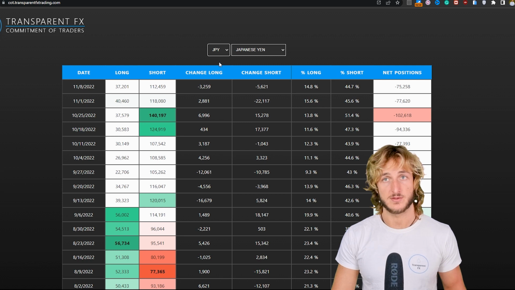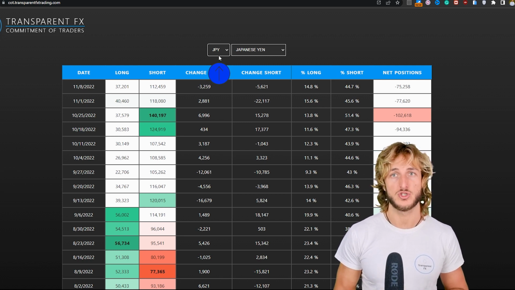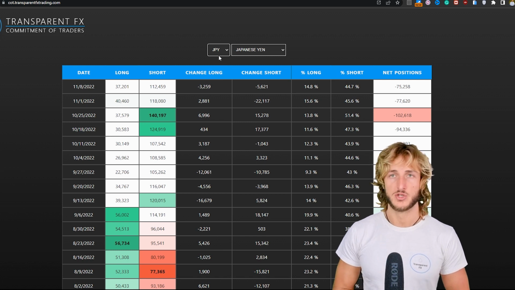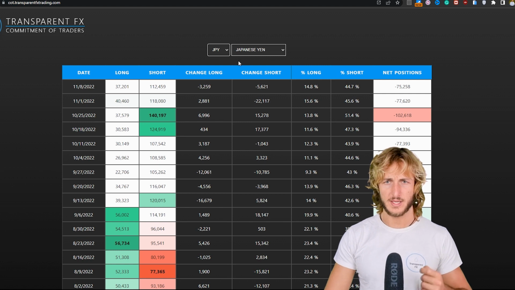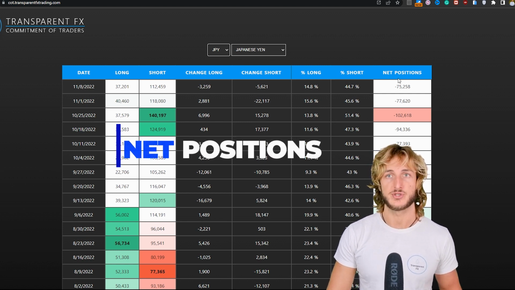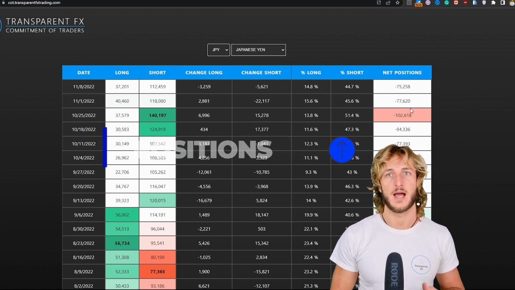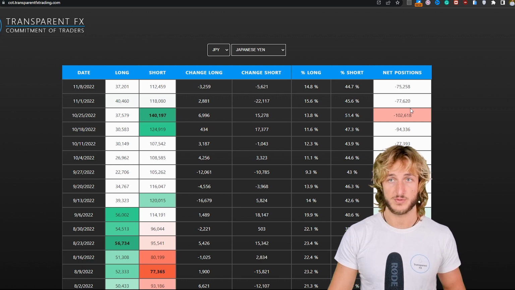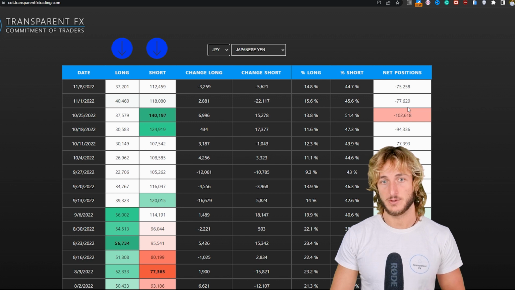Now, in this case, as previously for Euro USD, if you're checking the data for the JPY, you're actually checking JPY USD. So if we want USD JPY, we simply have to reverse everything. What we can see here is that lately net positions started increasing, right? So overall, what we were seeing is aggressive buying from an institutional perspective with increases in longs and decreases in shorts.